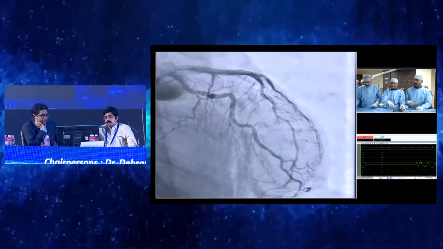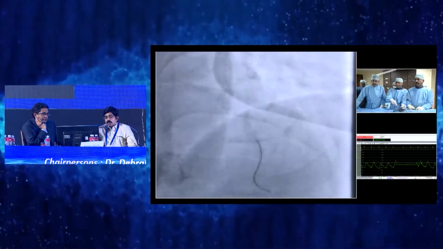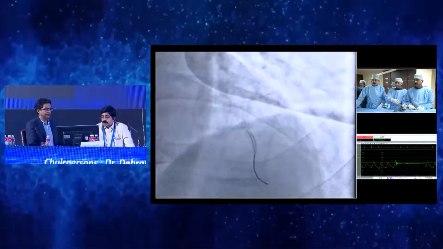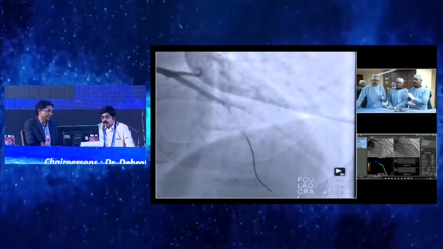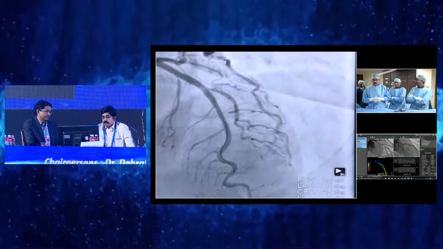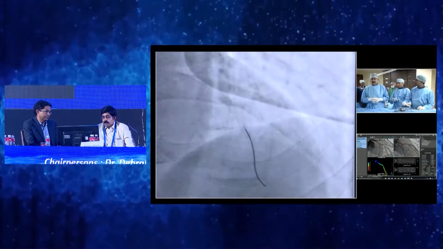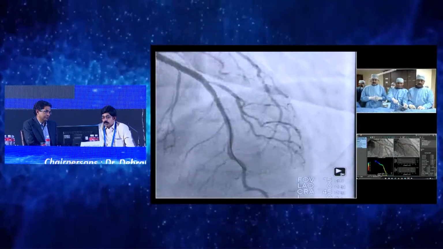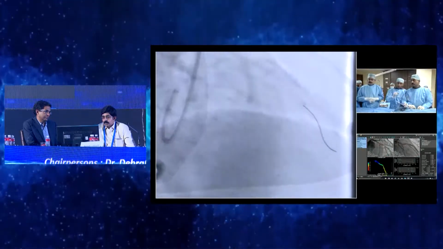The advantage of going a little back was that it was going into a small branch. The advantage of using QFR is that it relies on volume data, so the prerequisite is that we need a good opacification, a good injection. Whenever we are doing that, we first give intracoronary nitroglycerin to dilate the vessels, and then do a good volume injection, either a hand injection or a pressure injection.